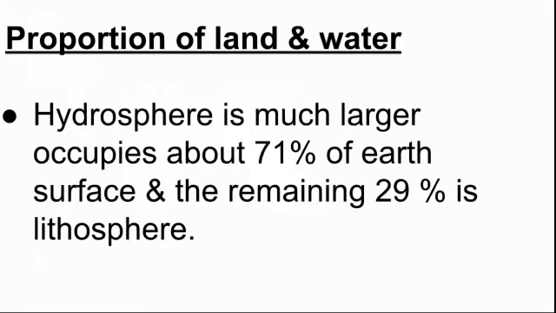If you observe the percentage of water compared with the percentage of land on earth, you will observe that near about 71% of earth's surface is occupied by hydrosphere and 29% of earth's surface is occupied by lithosphere.